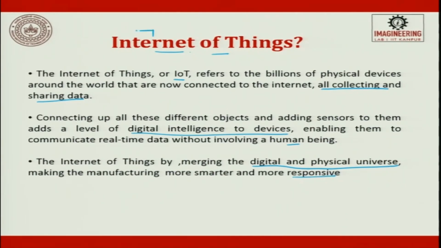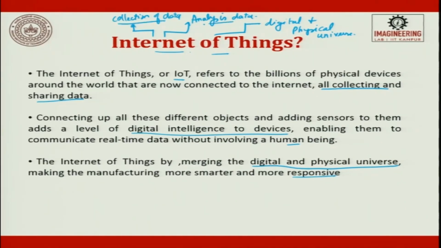If you ask for the key words, one is collection of data, two is analyze the data, three is connecting the digital and the physical universe. The last thing, I collect data, I analyze data, all these things happen without a human being. That is the beauty of the Internet of Things.